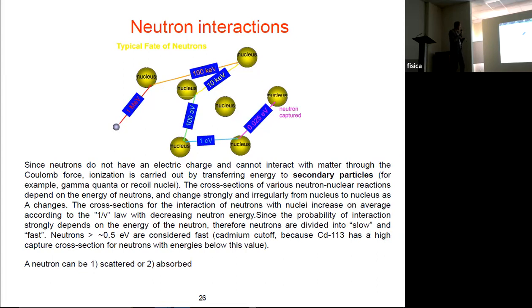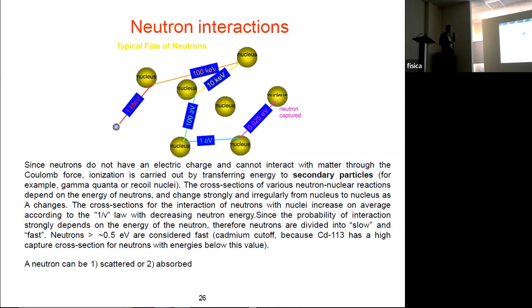So, in order to understand, all neutrons are born fast. Here is a neutron. If it's fast, it has enough energy, for example, 1 MeV of kinetic energy. Then the neutron starts interacting with the matter surrounding it.